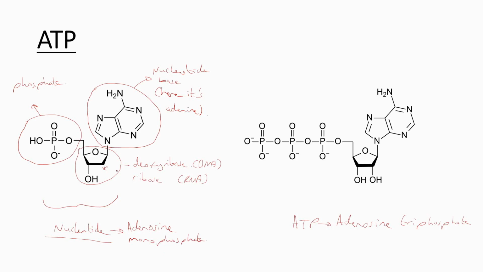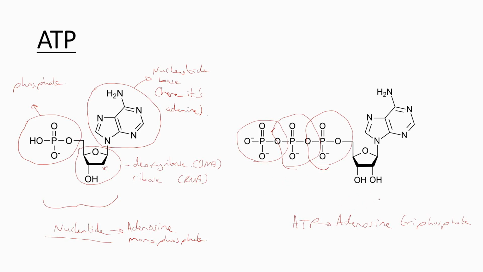So on the left here, the nucleotide only has one phosphate. On the right, ATP, it's a triphosphate, so we've got 1, 2, and 3 phosphates. And if it was ADP, adenosine diphosphate, it would only have 2 phosphates here.